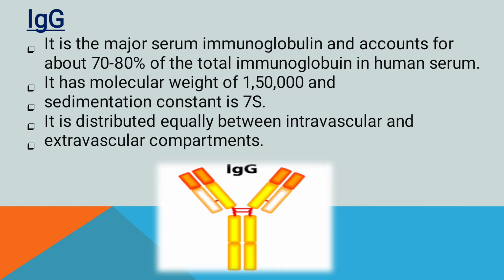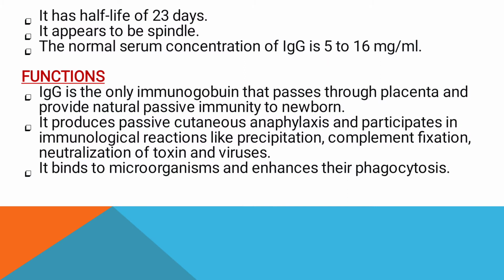This is the structure of IgG, Y shaped, consisting of 2 light chains and 2 heavy chains. It has a half-life of about 23 days, and the normal serum concentration of IgG is 5 to 16 mg per ml.